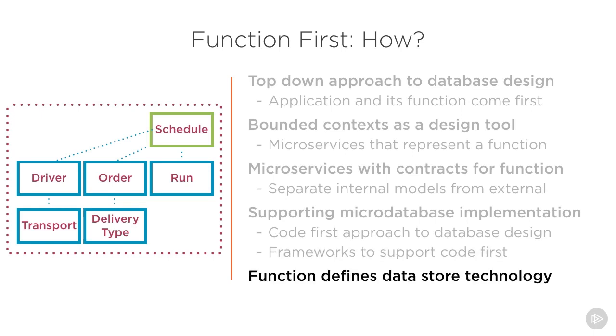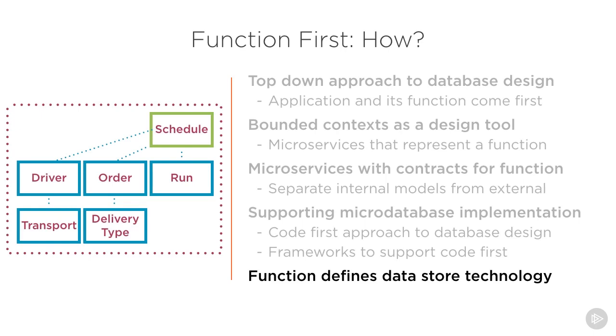With the function first approach to database design, we should also let the function of the microservice dictate what database technology we use. For example, with the data first approach, we might have always ended up using a relational database system because we're defining entities and relationships between them.